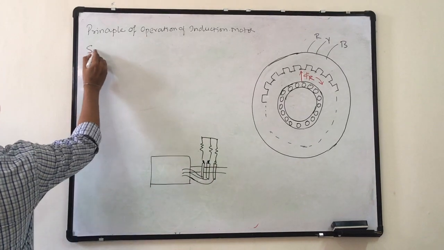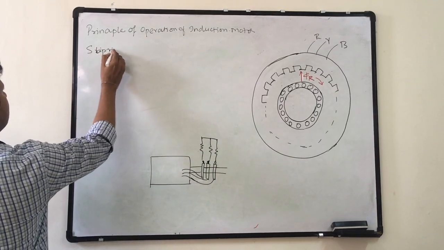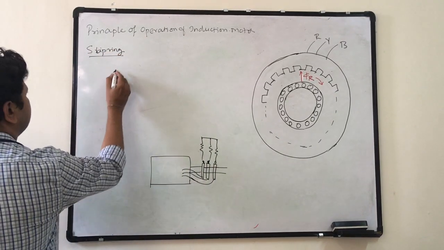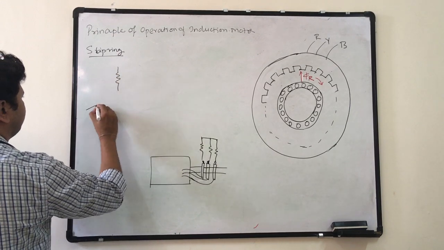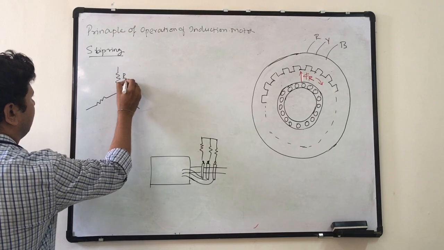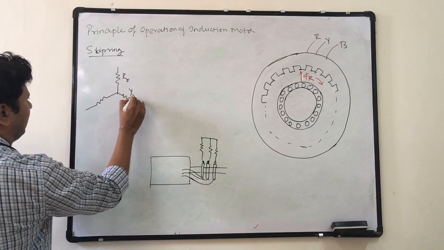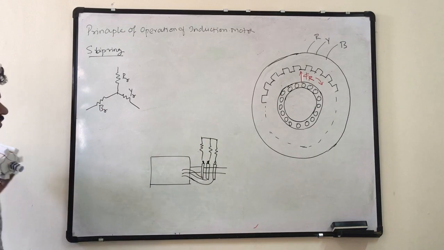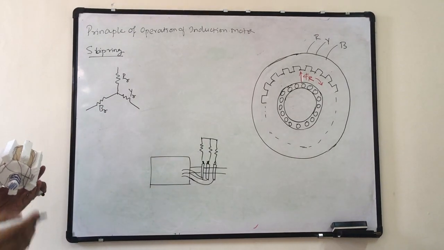This is the slip ring. R phase of rotor, Y phase of rotor, B phase of rotor. The subscript R indicates rotor.